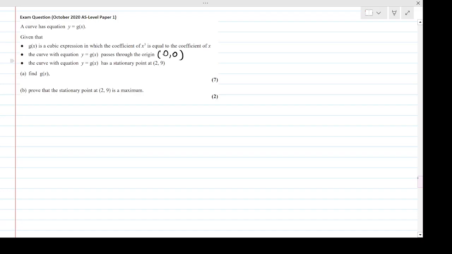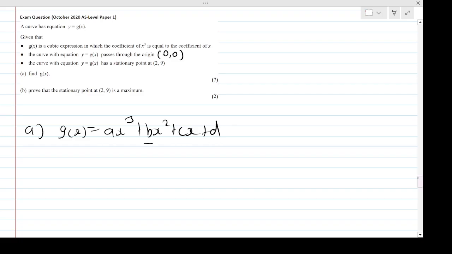Now, we're told that g of x is a cubic. We can generalize, right? So remember, a general cubic is ax cubed plus bx squared add cx add d, right? So really what I need to do is find my missing coefficients a, b, c, d.